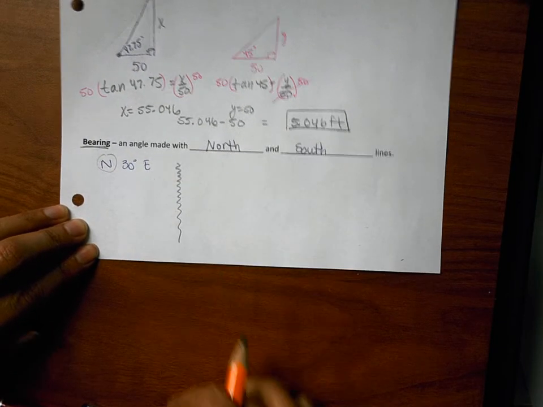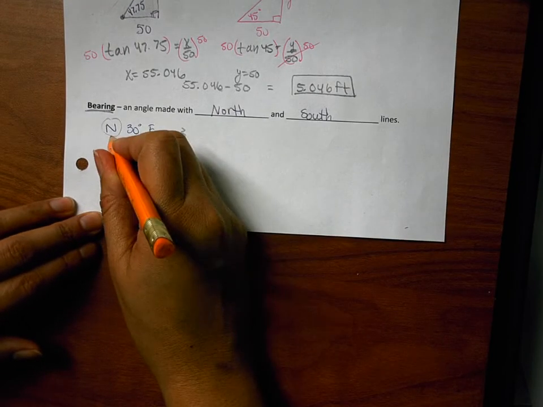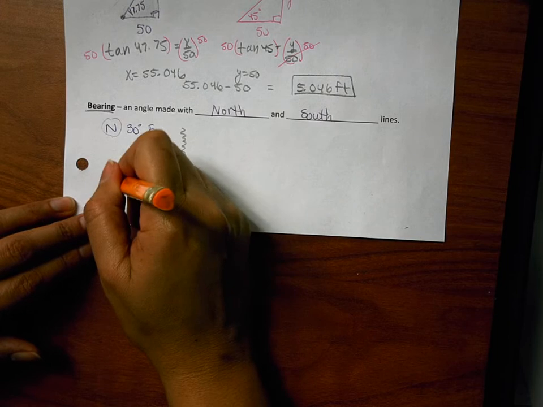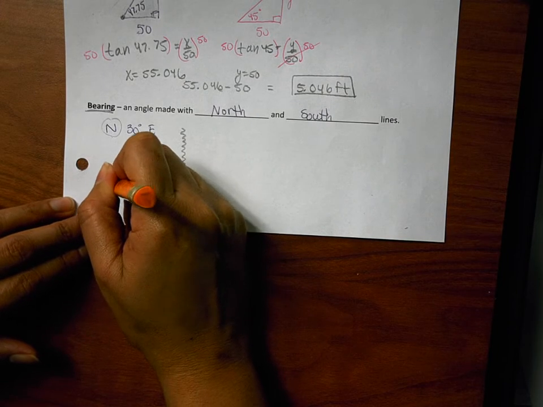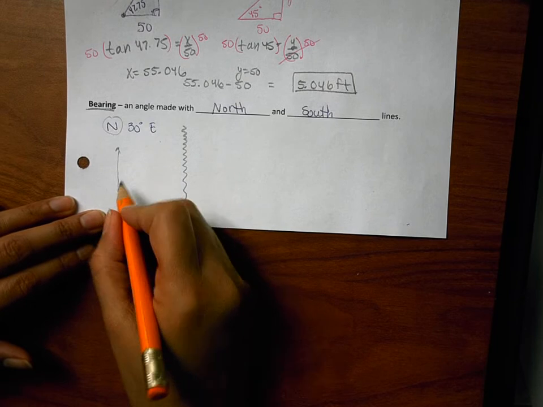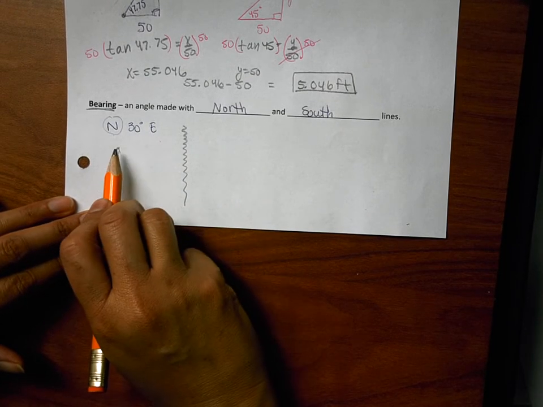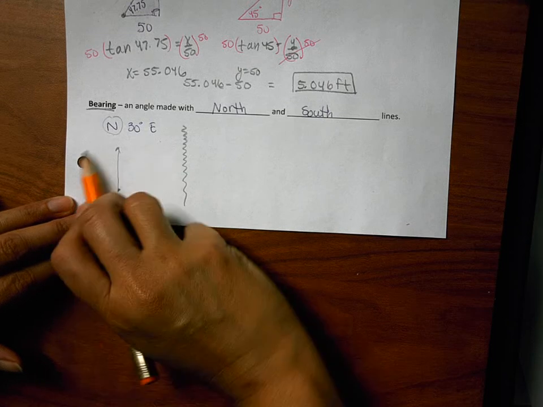North, 30 degrees east. You will always start with the north or south line. That's always going to be your first, north or south, and your second's always going to be west or east. So you always position yourself north or south first. North is facing up, so I'm going to put a little dot here, and there's my north line.